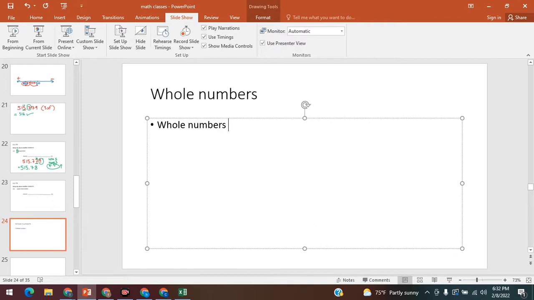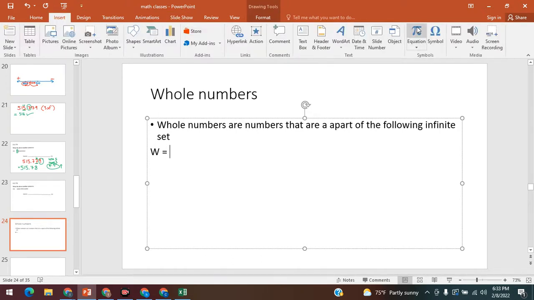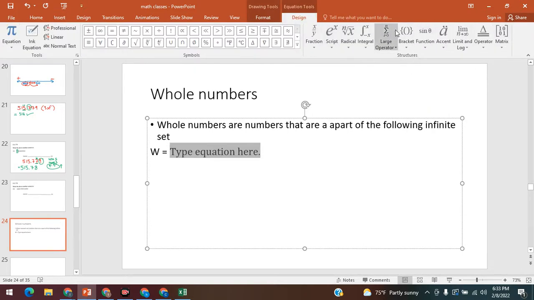Whole numbers are numbers that are a part of the following infinite set. So we are defining a whole number in terms of set notation.